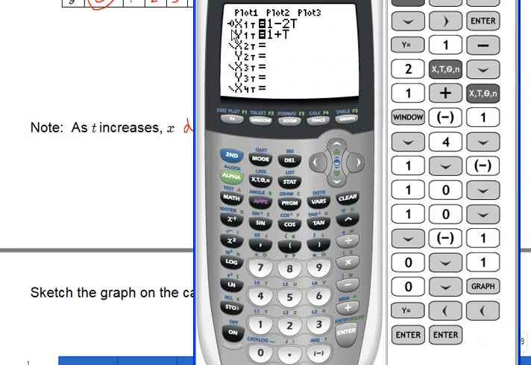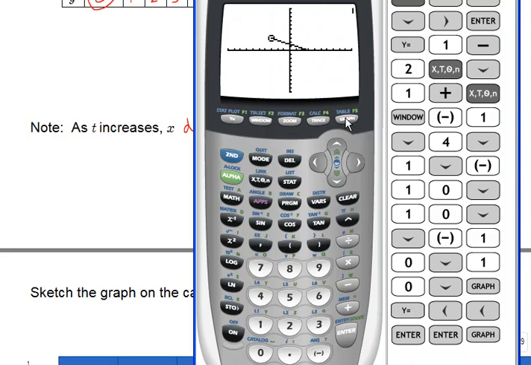And what this is going to do is it's going to show us in an animated sort of video here of what direction this graph goes, because it's going to show us as t changes from -1 to 4 what these points look like. So go ahead and hit graph and you'll see what I mean. So you follow that little circle and it shows you that we started over here on the right and we went up and to the left. So it's a nice way to show that orientation so that you can see in which direction the graph is going.